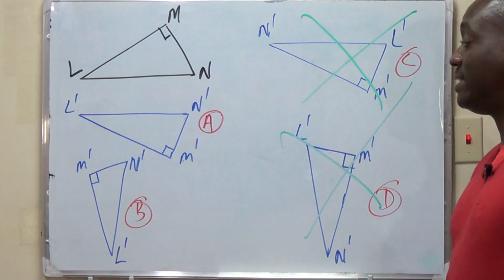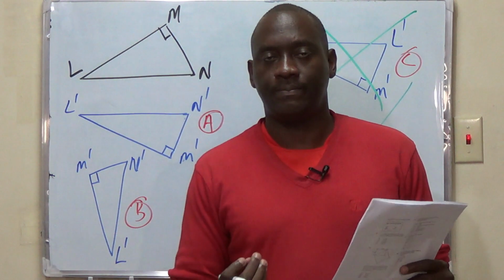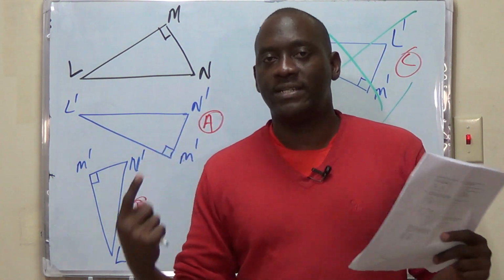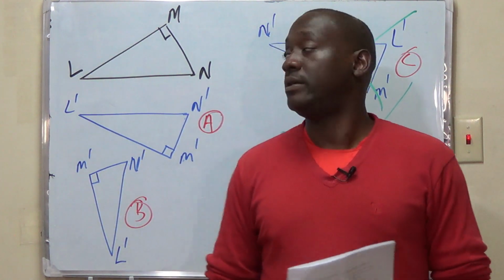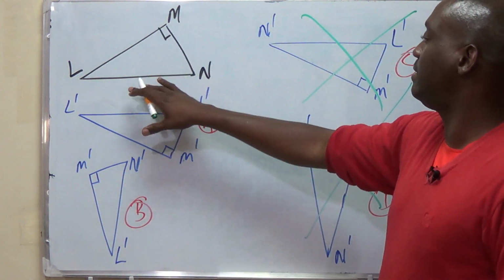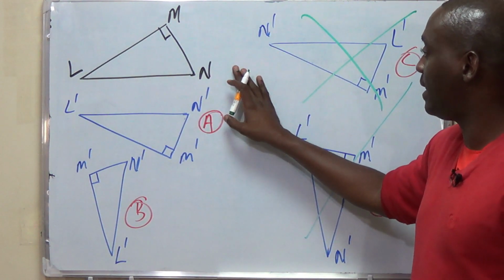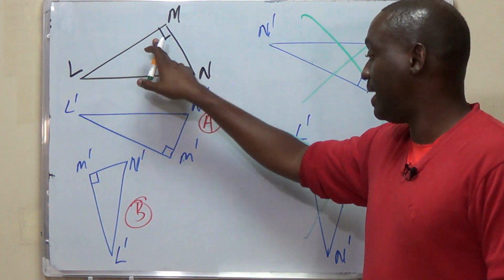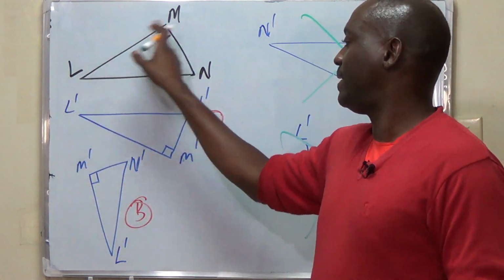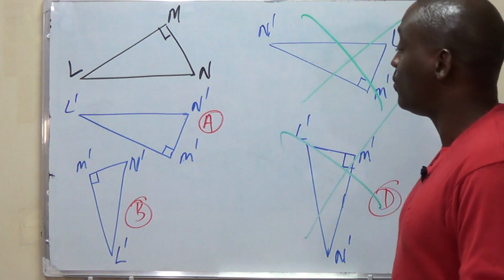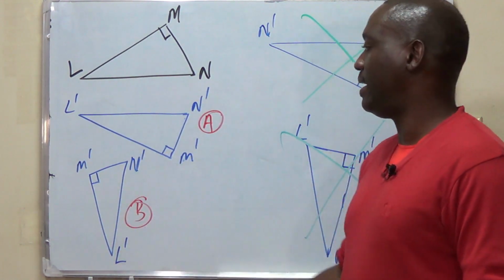We don't even have to waste time thinking about those two, because whatever happens to the triangle, the orientation of the points would remain the same relative to each other. So when the triangle is turned, M and N will always be on this short side, the right angle will always be at M, and L will always be this point here where the two long sides meet. So the only two triangles that meet those conditions would be triangles A and B.